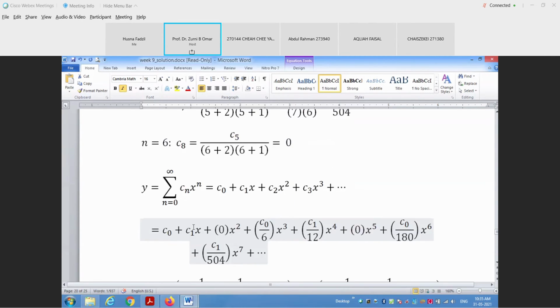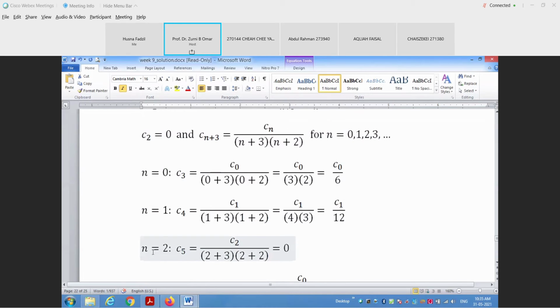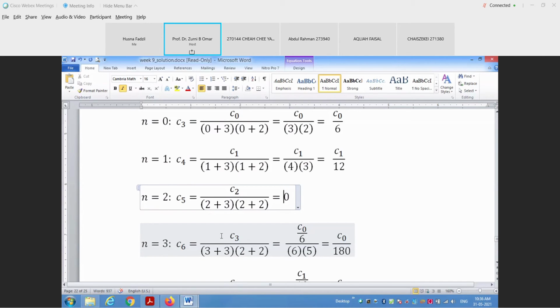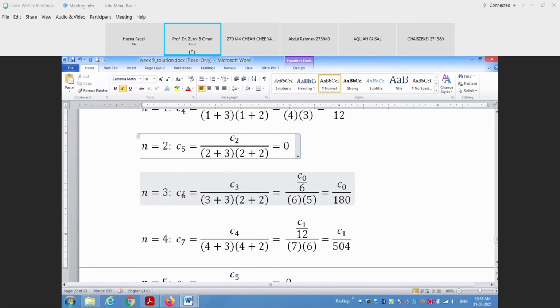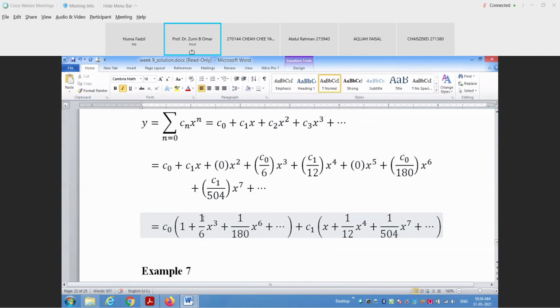And then C5, we replace n equal to 2, we get C5 equal to C2 over 5 times 4, which is 20. But C2 equal to 0, then we have 0 here. The same thing that we had before. The same thing for C6, C7, C8, and so on. And the answer will be exactly the same as before.